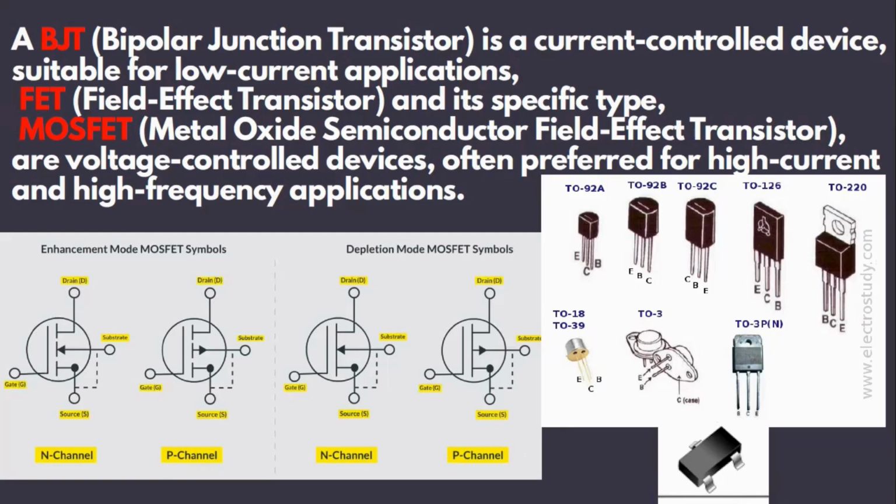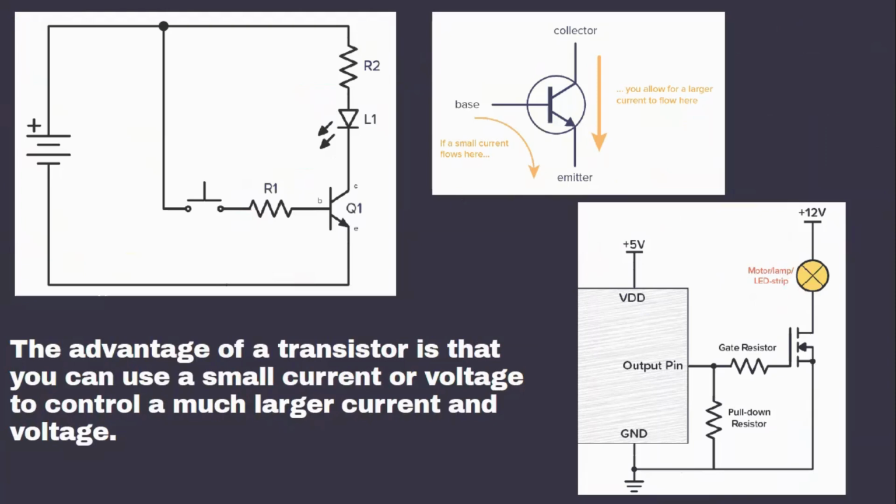Even if it is a FET or MOSFET, it will have gate, drain, and source, but you have to remember the size. The advantage of a transistor is that you can use a small current or voltage to control a much larger current and voltage. So whenever we talk about a transistor, you should understand that a small current or voltage controls, or can be made to control, a large one.